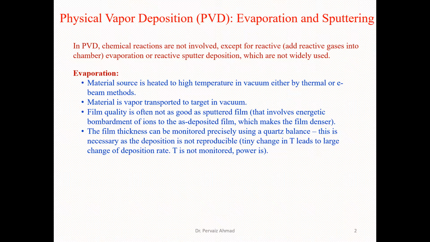We can deposit thin film by evaporation and the quality is very good, but when we compare it to the other type of PVD, sputter deposition or sputtering, the film quality that we grow via evaporation is not as good as via sputtering techniques.